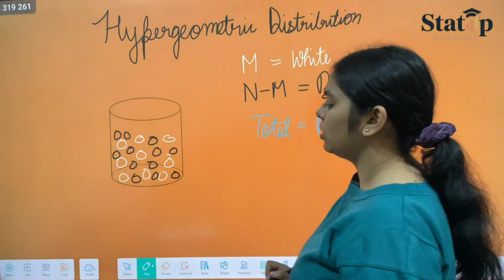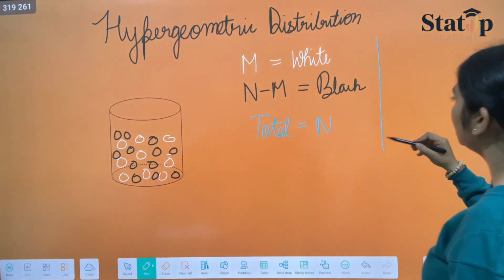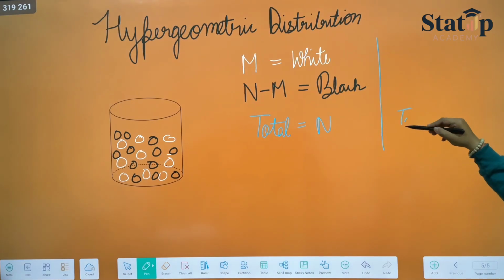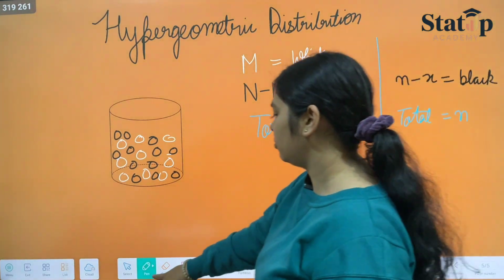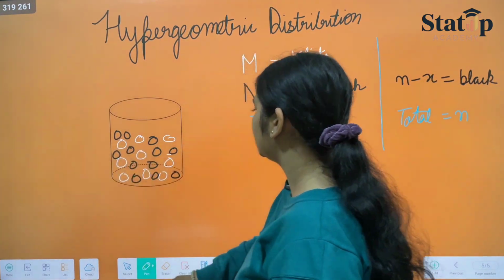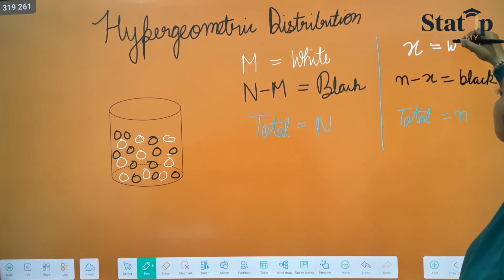Okay, we take a sample. So let us take a sample here only. We take a sample, total sample of size small n, out of which n minus x are black balls. The sample has n minus x black balls, and from here we can say that we have x white balls.